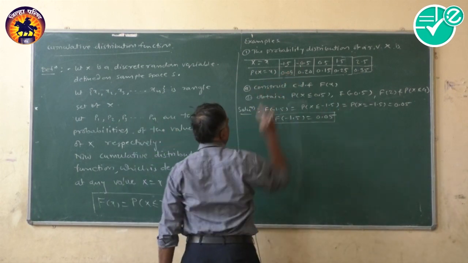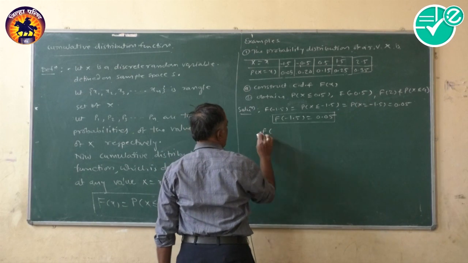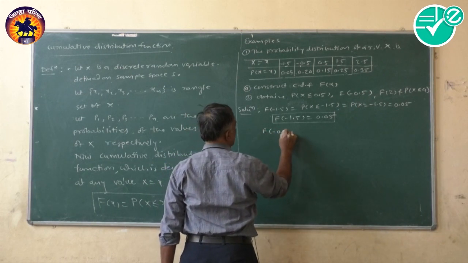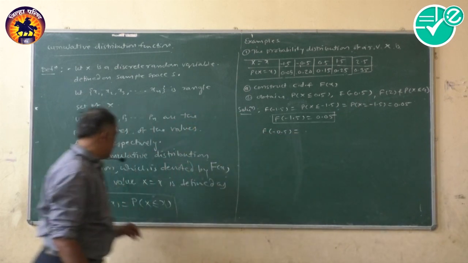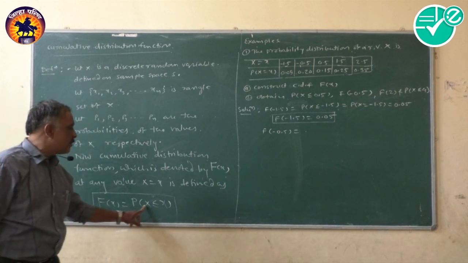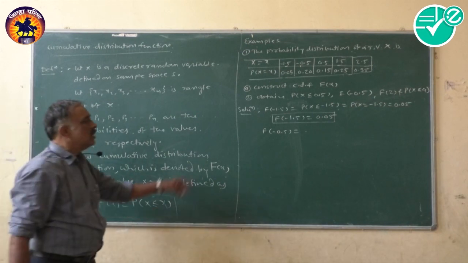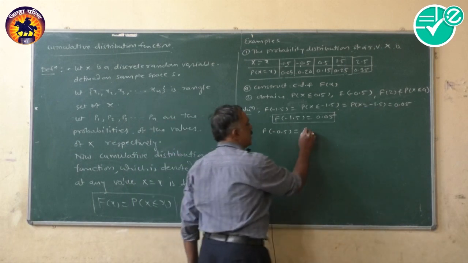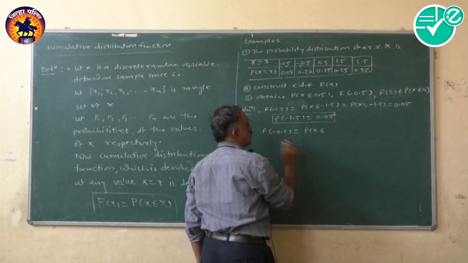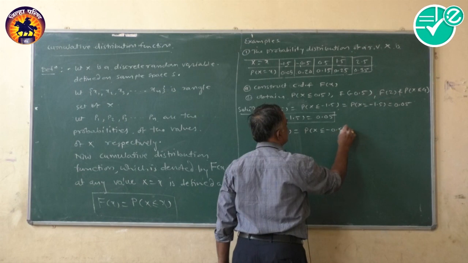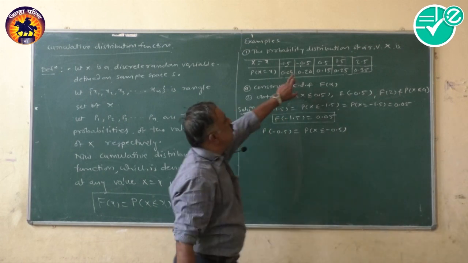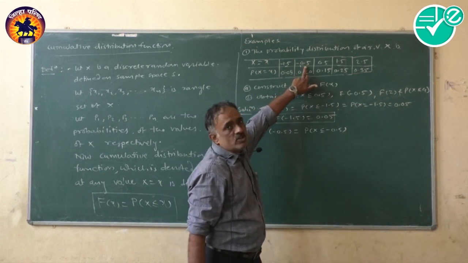The second one, F of minus 0.5. Once again see the definition, capital F of x is equal to the probability that x is less than or equal to small x. So F of minus 0.5 will be the probability that x is less than or equal to minus 0.5. Which are the values of capital X which are less than or equal to minus 0.5?